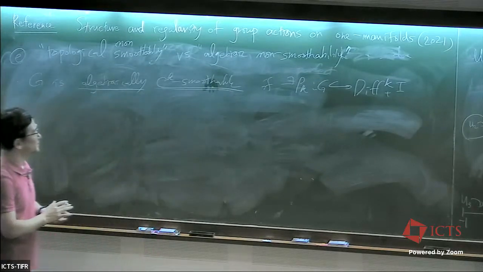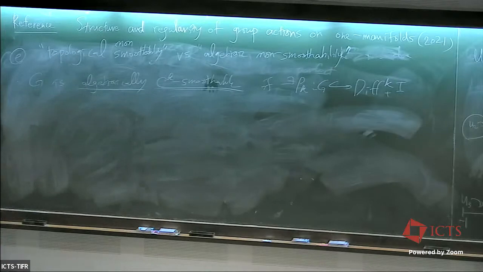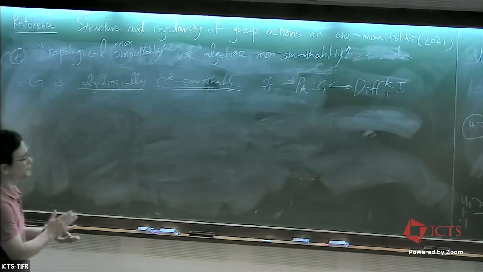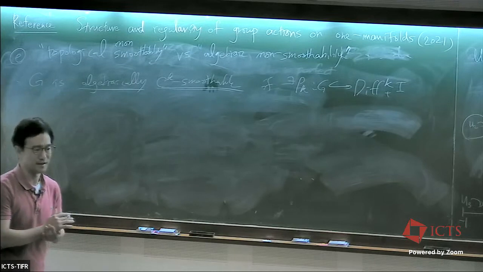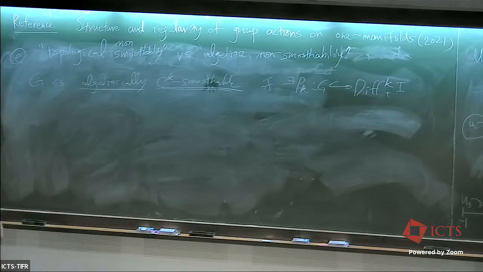So if something is algebraically non-smoothable, then trivially it is not topologically smoothable. But in the case of this lamplighter group, the group itself might allow some C infinity embedding, but a specific representation might not be able to be conjugated into any smoother representations.